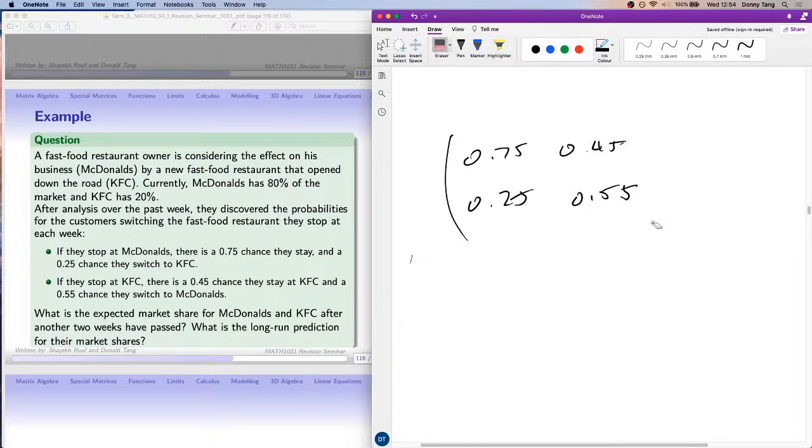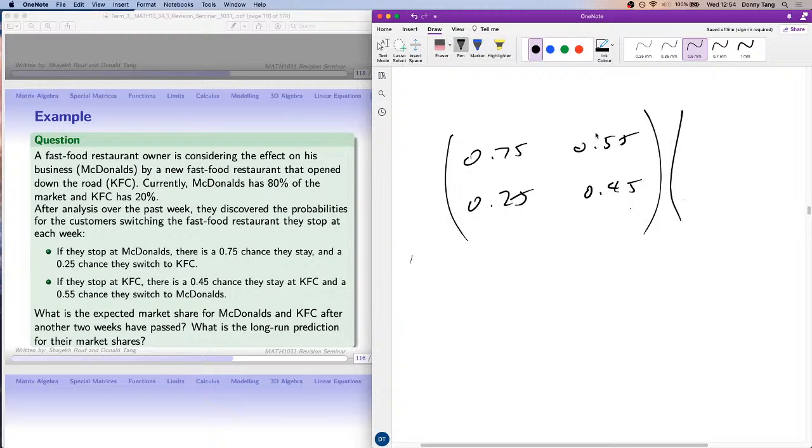Instead, it's actually this flipped around, 0.55, 0.45, and I'll explain why in a moment. One sanity check you can do is to see that the columns add up to 1. Therefore, there is a pretty good chance our transition matrix is somewhat correct, okay?